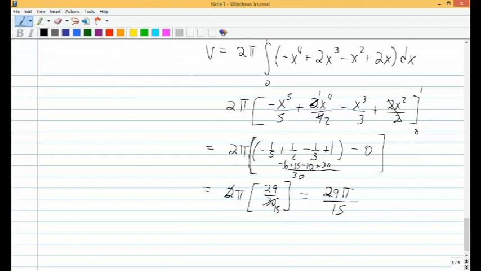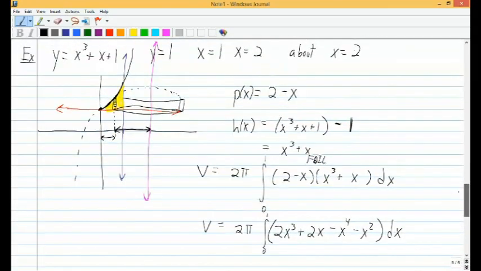So with the shell method, you don't have to do anything with the average radius as long as you're revolving about the y or about the x. But if you're revolving about something that's not one of the axes, then you have to be careful and make sure that you adjust. So this problem, we're revolving about x equals 2.